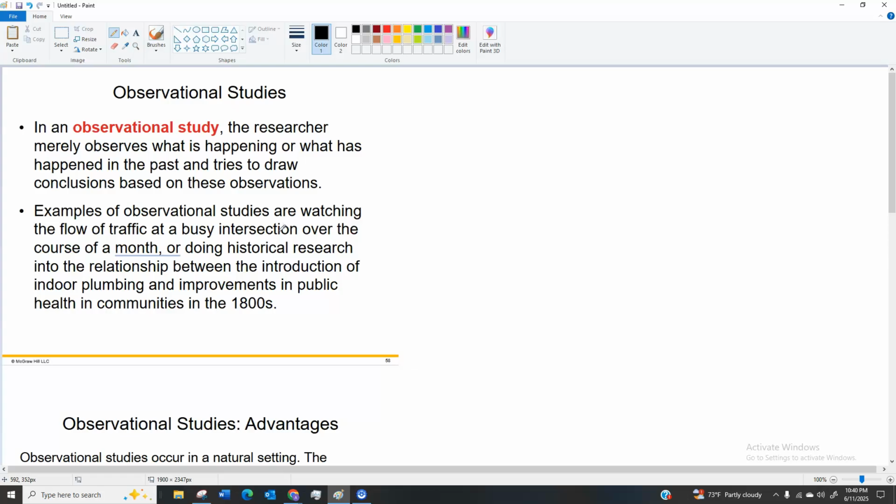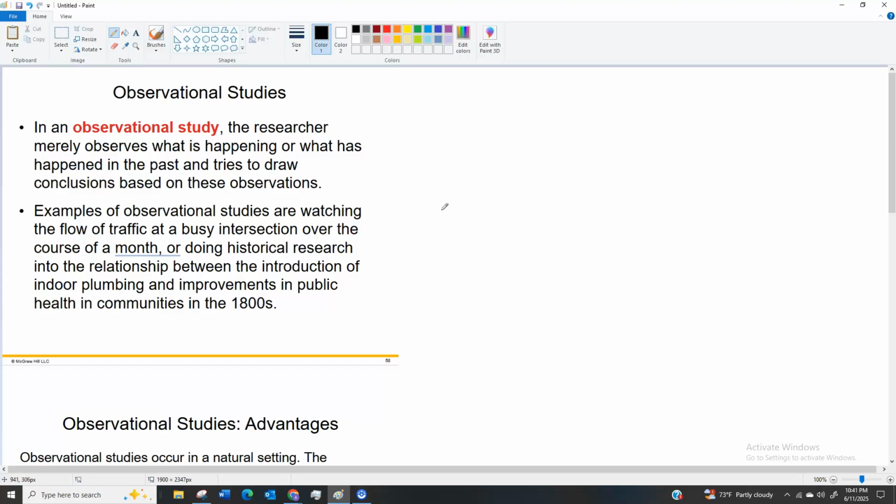The other kind of study is what's called an observational study. Remember, at the beginning of experimental studies, I said experimental studies is where the researchers mess with things, when they manipulate things. In an observational study, that's not the case. The researcher merely observes what is happening.